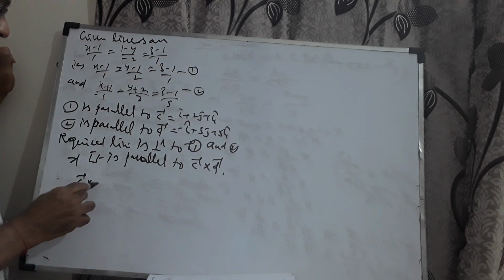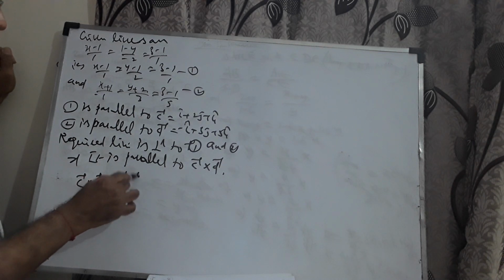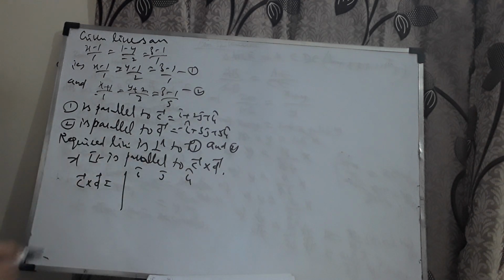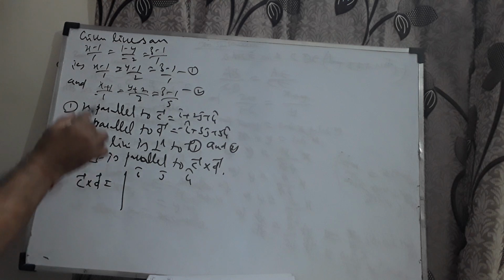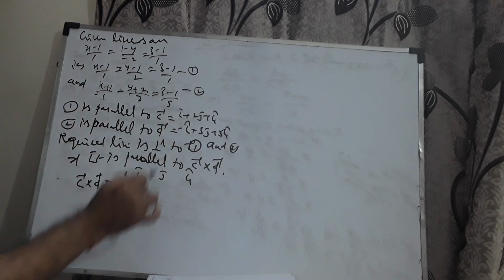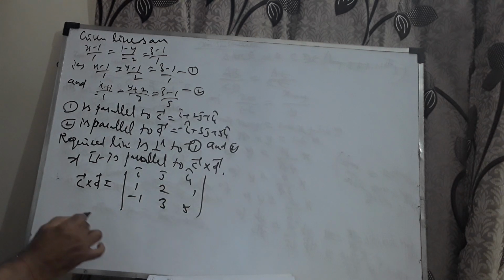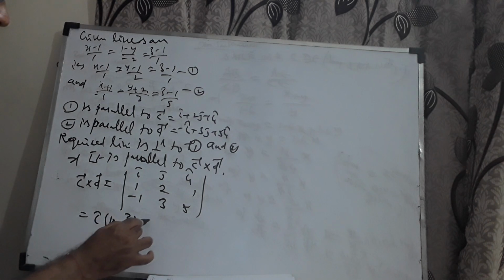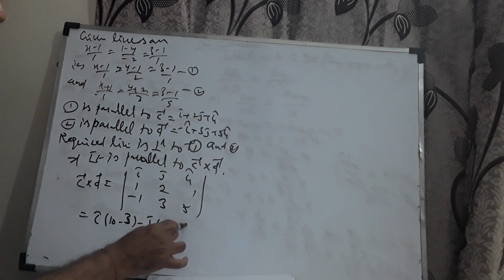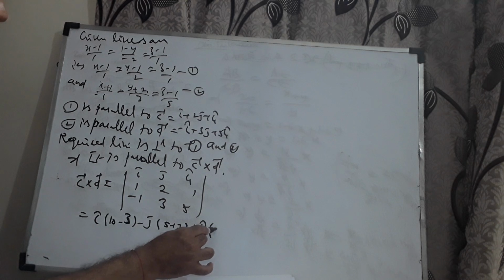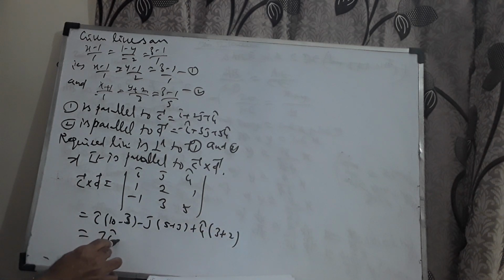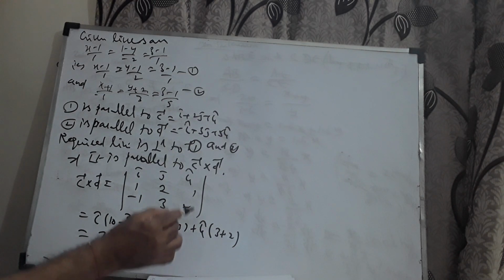Therefore, let me find c cross d, which is the determinant with first row i, j, k, second row components of c: 1, 2, 1, and third row minus 1, 3, 5. Let me simplify this: i cap into 10 minus 3, minus j cap into 5 plus 3, plus k cap into 3 plus 2, which is equal to 7i minus 8j plus 5k.